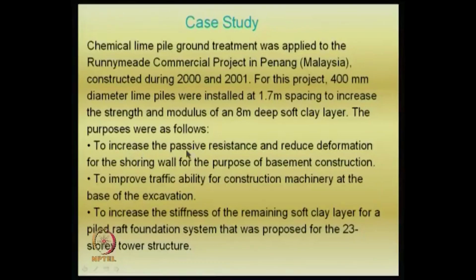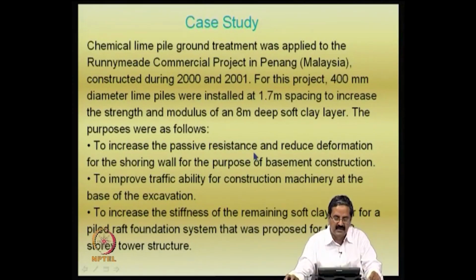So, this is what is called, for example, if you put lime columns, or even stone columns. That is why we use the concept of cavity expansion theory, where we calculate, for example, Kp, a term that is used instead of Ka. Ka stands for the active earth pressure coefficient and Kp stands for the passive earth pressure coefficient. So, if you insert that, the passive resistance is increased, okay.